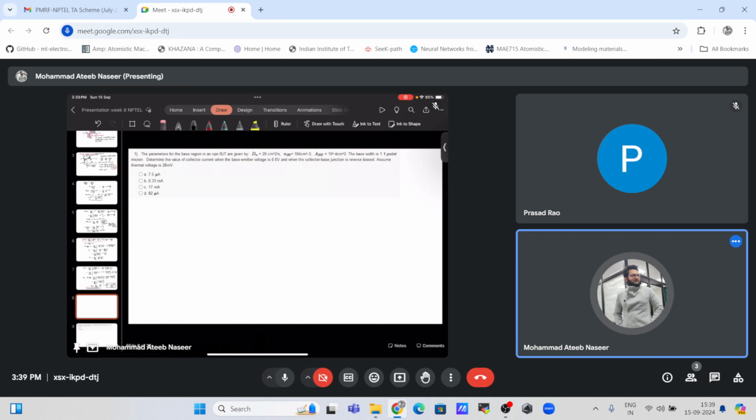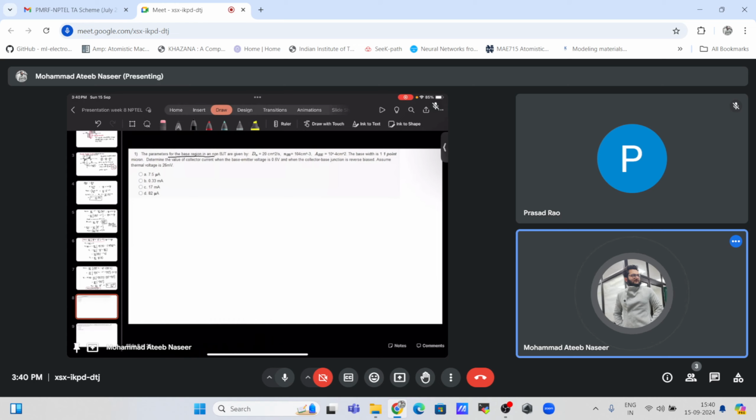Basically, a BJT is nothing but two diodes. We have to consider two PN junctions, one forward biased and another reverse biased, for the sake of convenience, in the normal mode of operation. The problem now is associated with the BJT itself, and it gives the parameters for the base region in an NPN BJT.